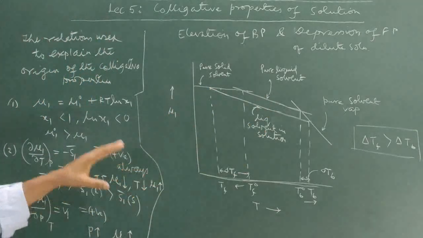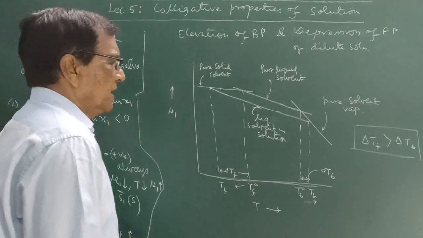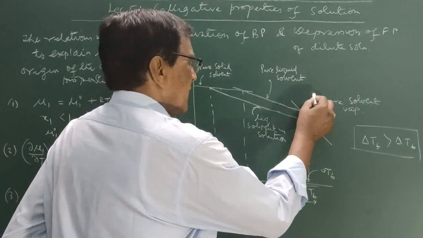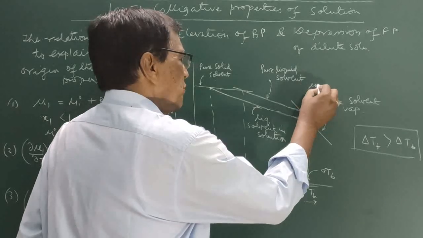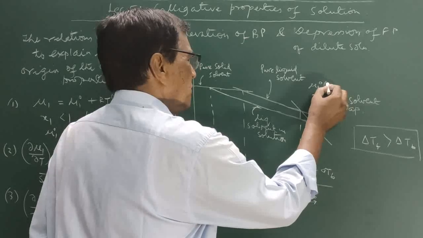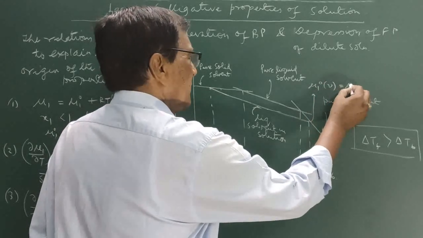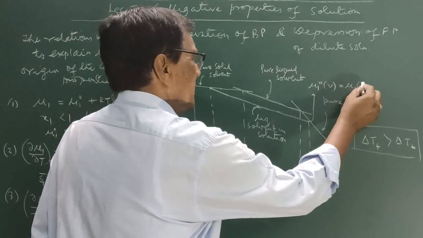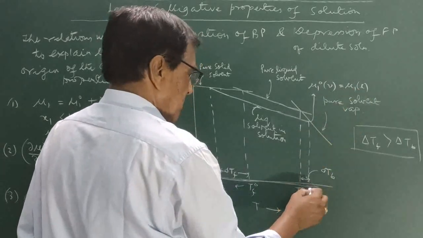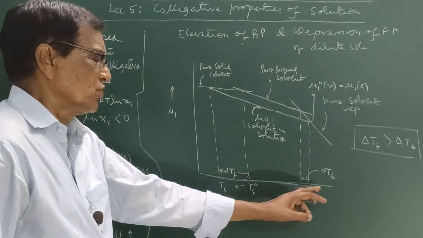So this curve is drawn according to these 3 relations. Here the chemical potential of the pure solvent vapor is equal to the chemical potential of the liquid, so this becomes the boiling temperature of this solution.